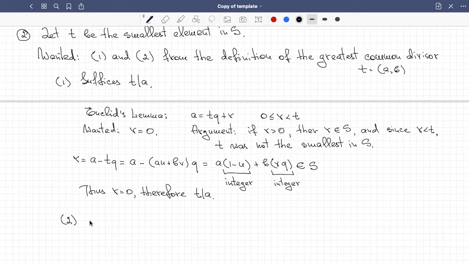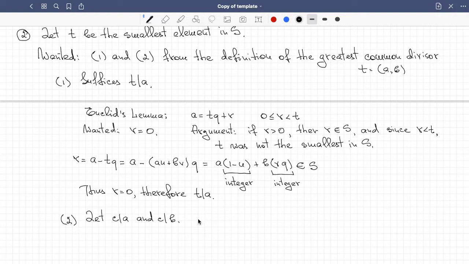We want to prove that T is the greatest common divisor of A and B. So the second part of the definition is that C divides A and C divides B.